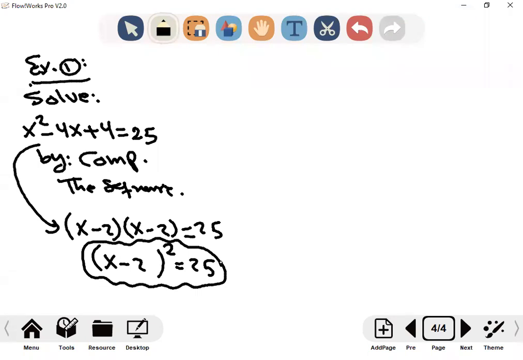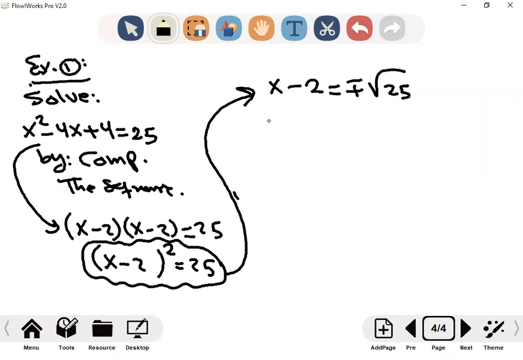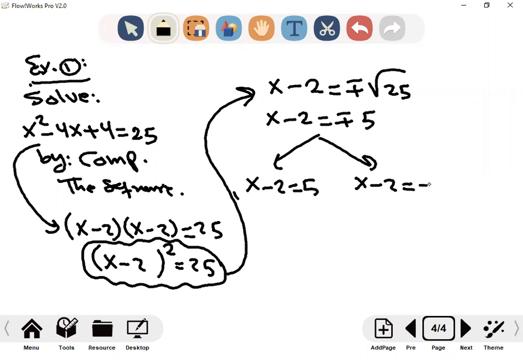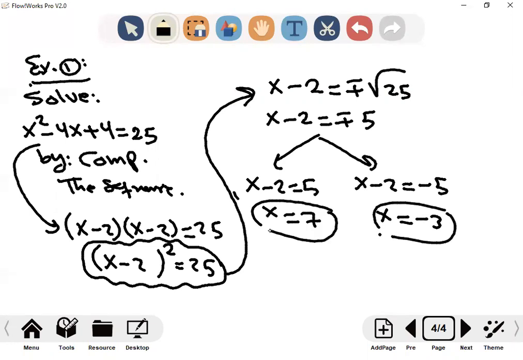So here x minus 2 equals plus minus the square root of 25. Now here you have two solutions. X minus 2 equals 5 or x minus 2 equals negative 5. X equals 7 or x equals negative 3 after you shift the negative 2.